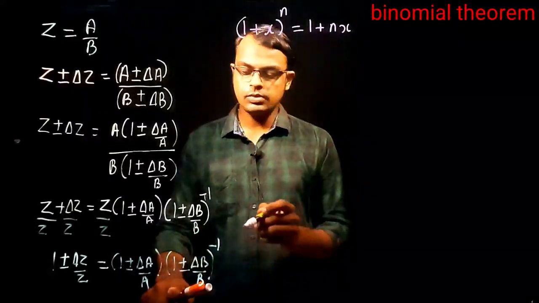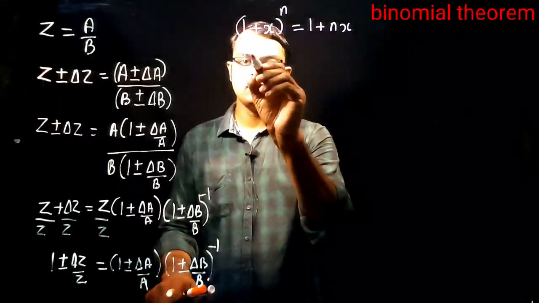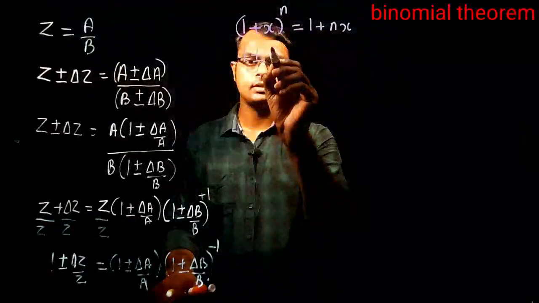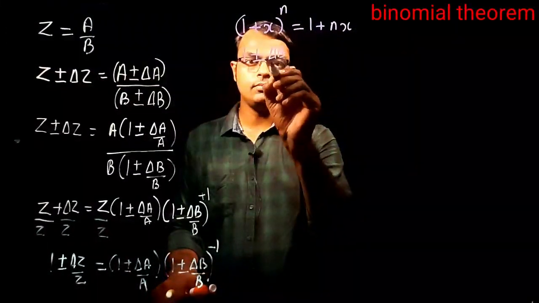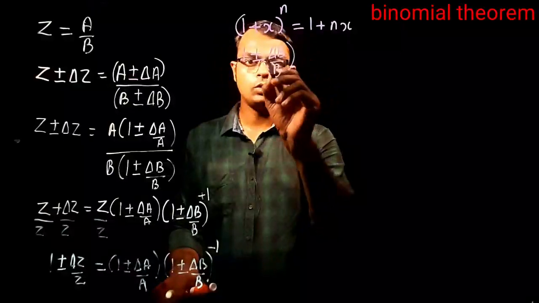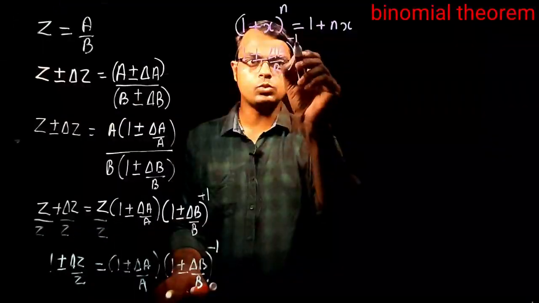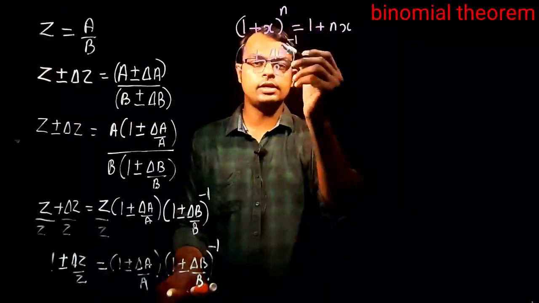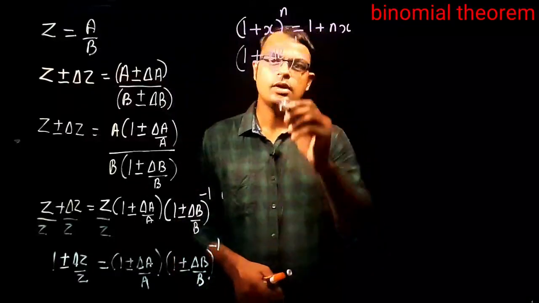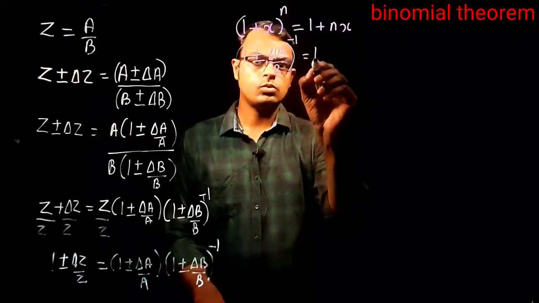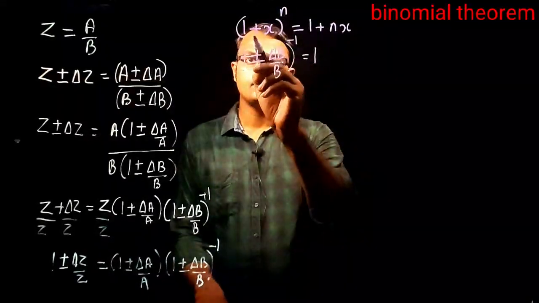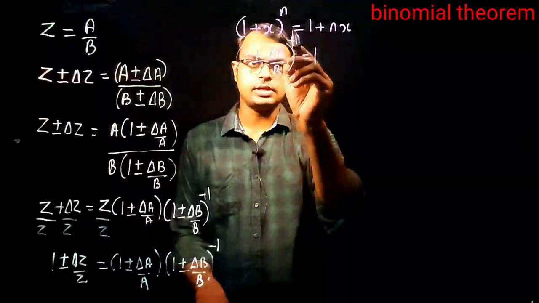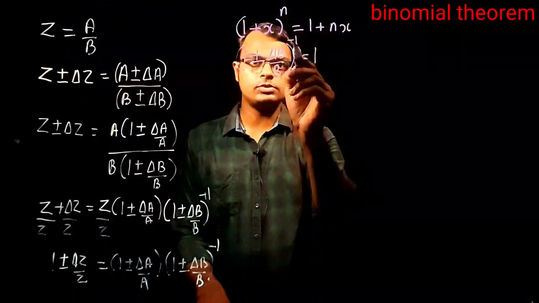So I can write this equation as (1 ± Δb/b)^−1. That means instead of n, it is −1. Multiply and write this as equation 1. Here it is plus or minus, right? You are multiplying with n, which means −1.